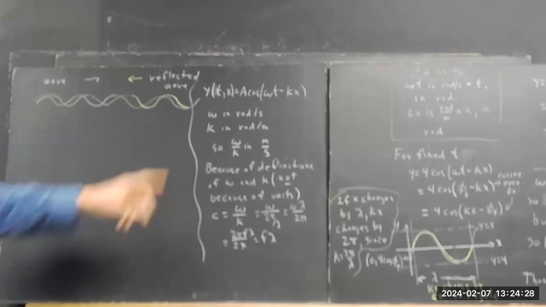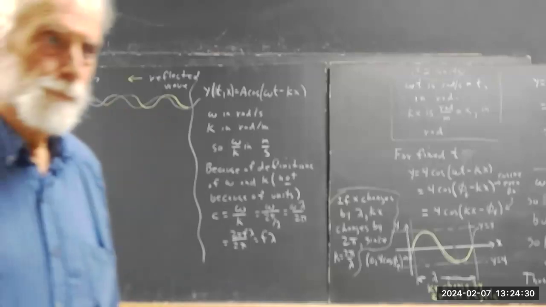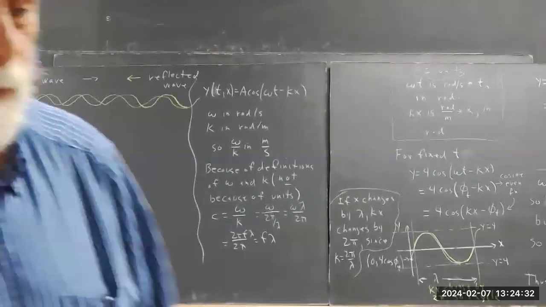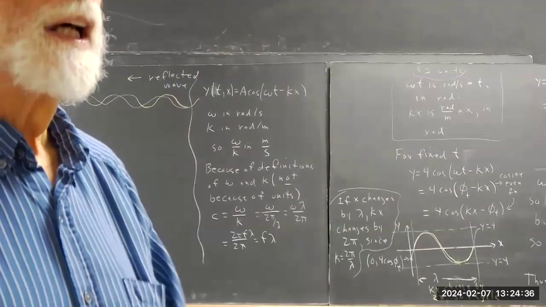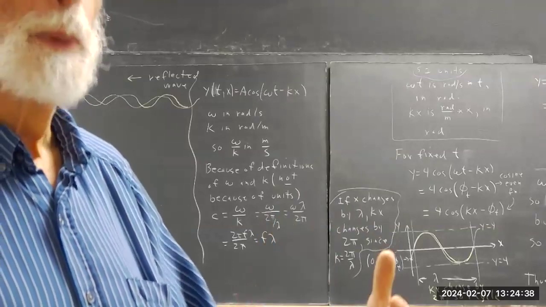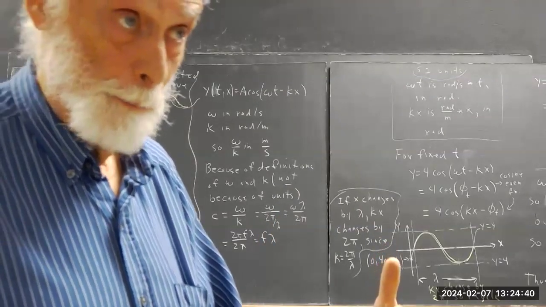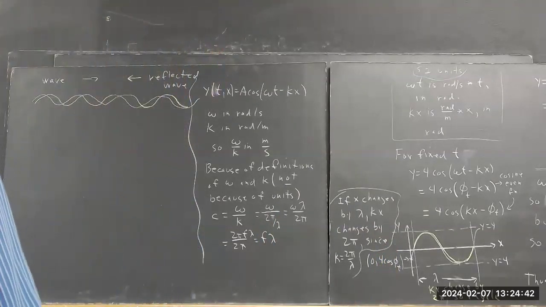What have we got? We've got two disturbances at every point. It turns out they add up. It's called superposition. Superposition of the two states.